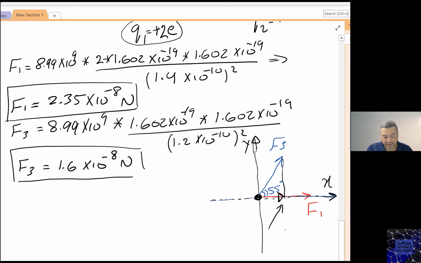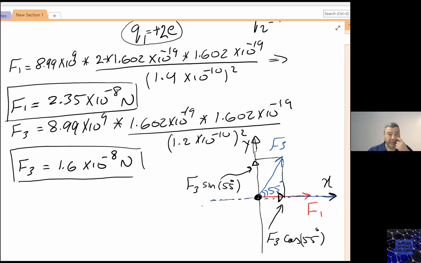Gonna give me this. So this one is F3 cosine 55. And this one is F3 sine 55 degrees. So now I have X components and Y components. So let's put together the X component and Y component.